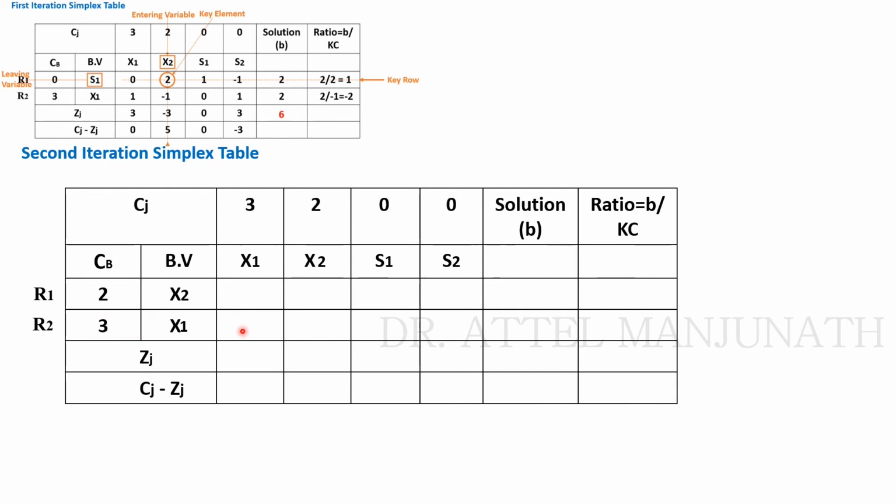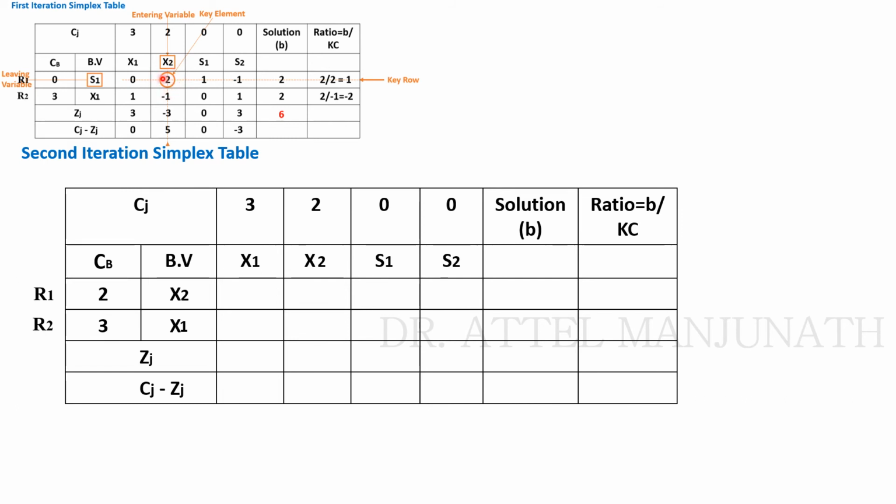Now to calculate the row 1 and row 2 values, before calculating them, you need to consider the key row first. So which is the key row? Where you have the key element, that key element you need to convert into 1. How can you convert that key element into 1?